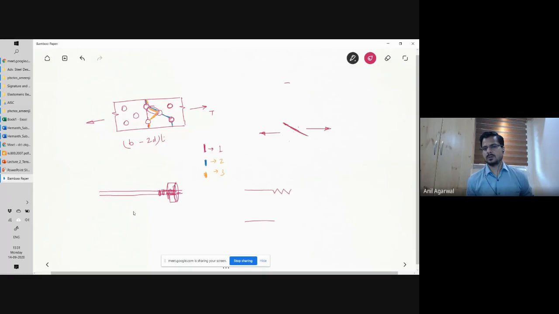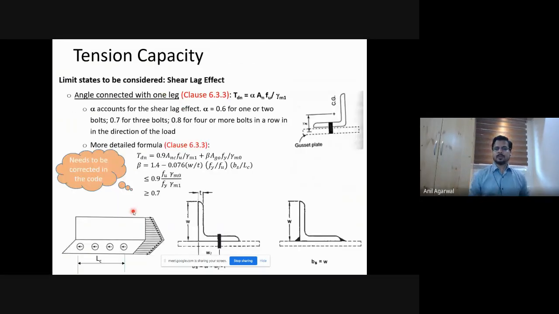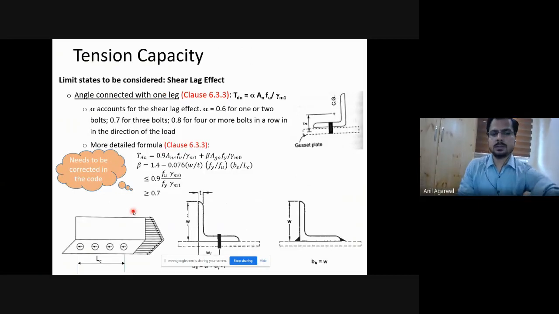So this was the original diameter of the rod, and the threads are cut into it. So the root area will be the cross section from here to here. This will be the net area available to you in a threaded rod. That's how you calculate the threaded rod area.